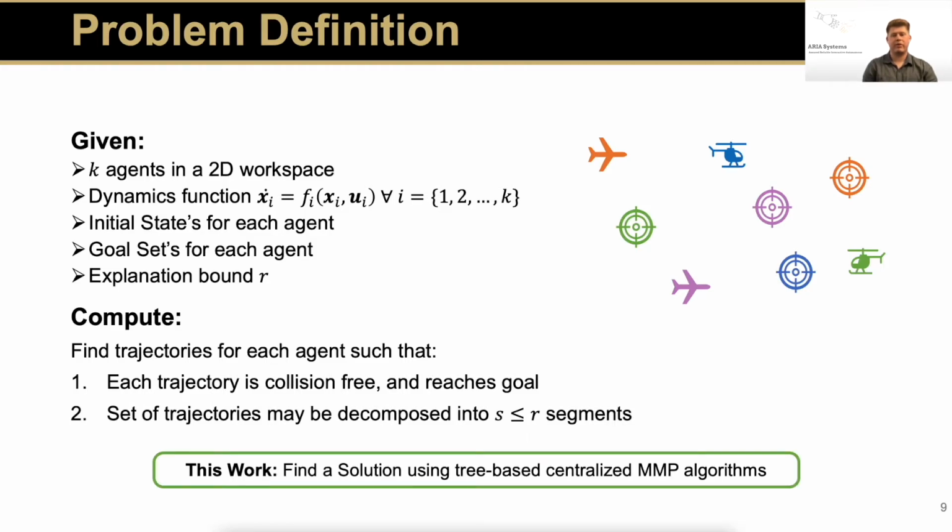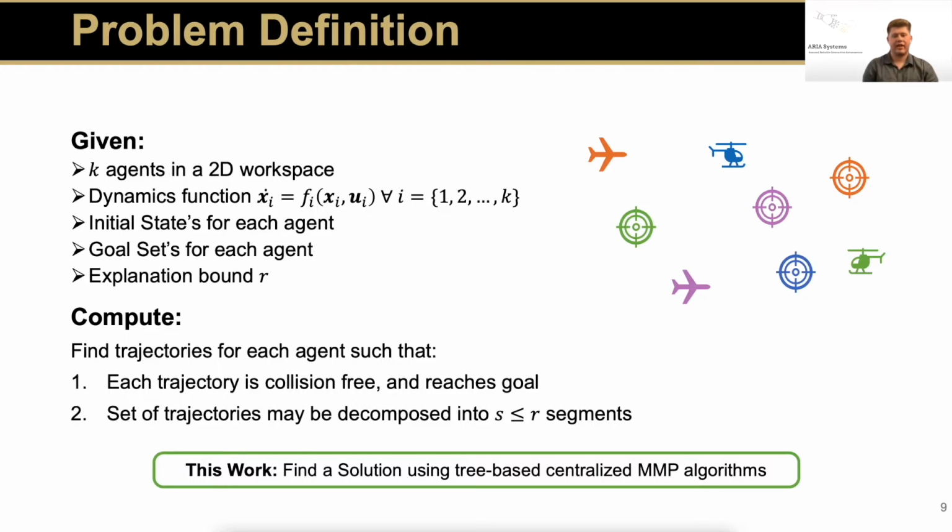This work focuses on finding a solution to the explainable MMP problem using centralized tree-based MMP algorithms. We focus on this type of planner for two reasons. First, these algorithms contain the information of all the agents within their states. Secondly, these algorithms are very well understood, which allows us to reason over the different algorithmic behaviors that explanations introduce.